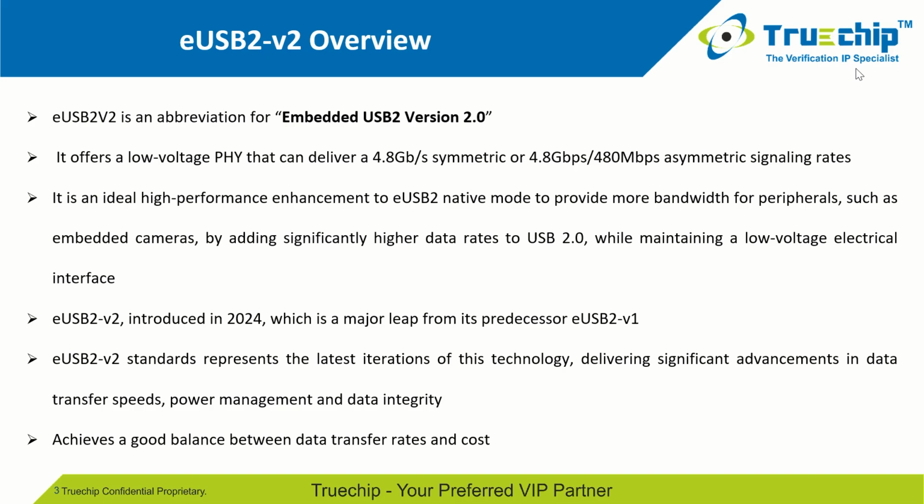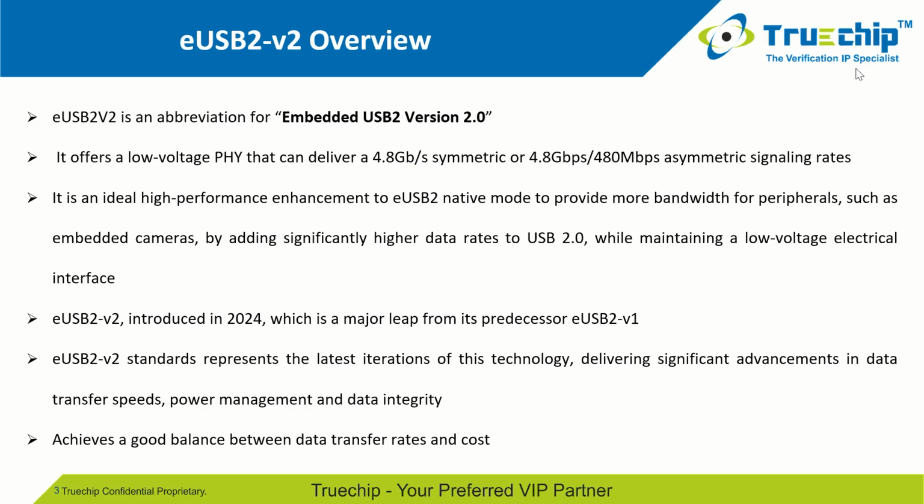Now, let's first discuss the eUSB2 V2 overview. eUSB2 V2 is an abbreviation for Embedded USB 2 version 2.0. It offers a low voltage PHY that can deliver 4.8 Gbps symmetric or 4.8 Gbps/480 Mbps asymmetric signaling rates.